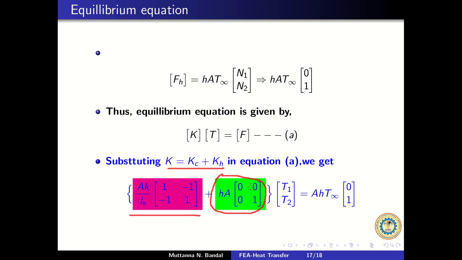This is convection and this is conduction. Into T, I want to understand the temperature at node 1 and at node 2. So that is T1 and T2 equals how much heat is added or removed by the convective heat transfer, that is T infinity. So that is written on the right-hand side.